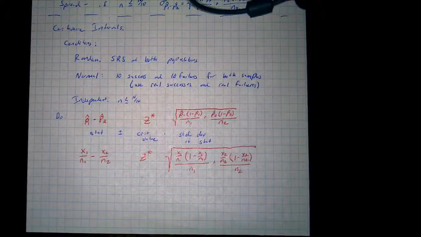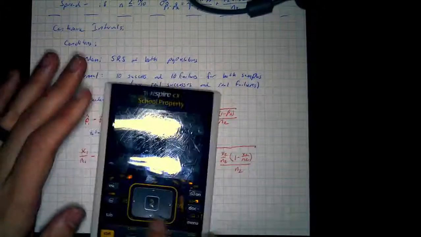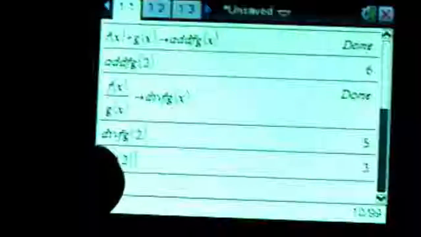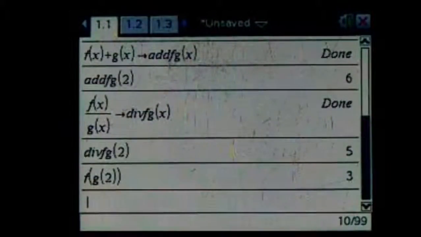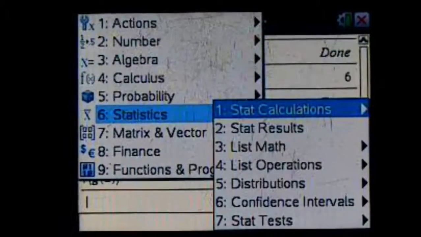Wait, can you show us on the calculator? Show you on the calculator. It's super easy. Sure, I've got time for that. I'm going to have to do this on the calculator Zoom. So it's statistics, confidence interval.